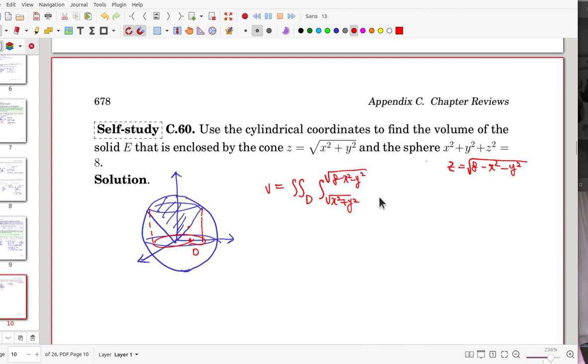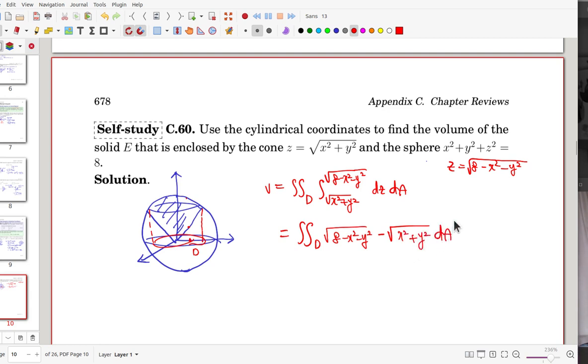The integrand is 1 in the z direction, and dA. So it is the double integral over D of square root of 8 minus x squared minus y squared, minus square root of x squared plus y squared, dA.